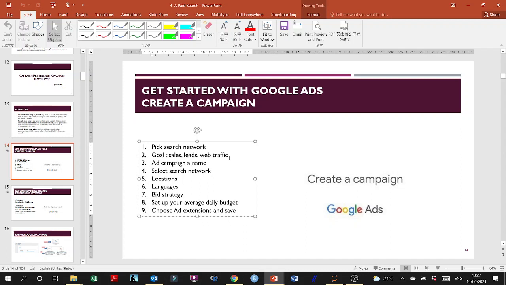Also, you can run a web traffic advertisement first and then a sales campaign next, compare the results, and see if the sales campaign is really bringing in more sales compared to the traffic campaign that is not oriented toward completing orders.